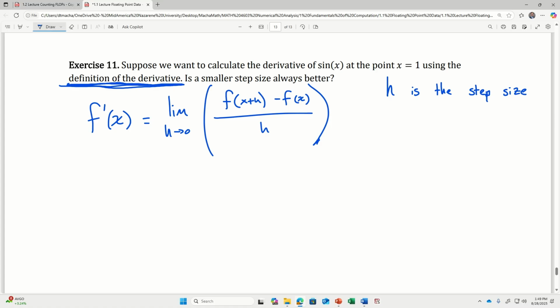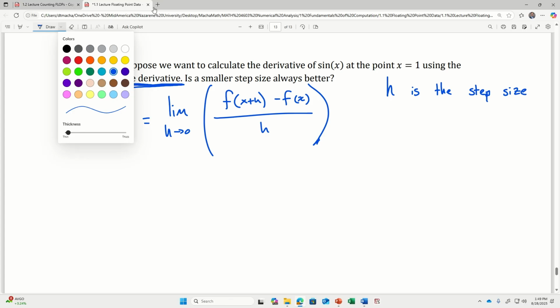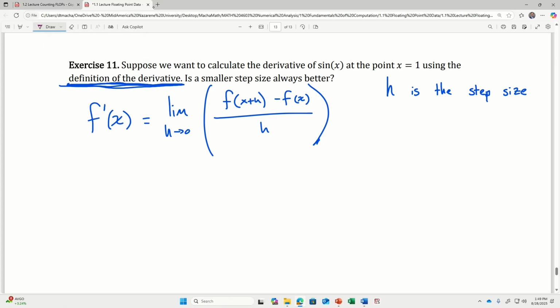But if we were going to calculate using this kind of definition on a computer, then we can't just set h equal to 0. We're going to make some kind of approximation for what the derivative is by not taking the limit, but instead just saying, let's make h be a pretty small number, and then calculate this fraction.